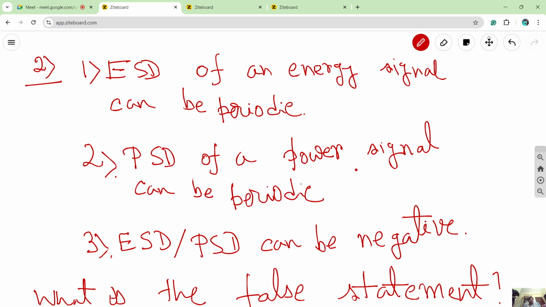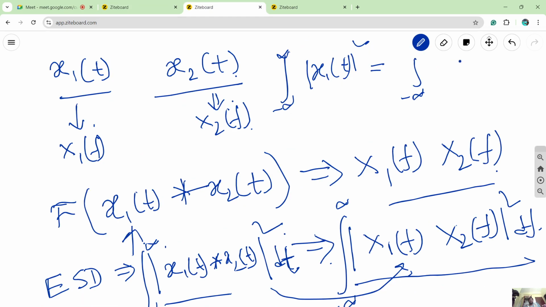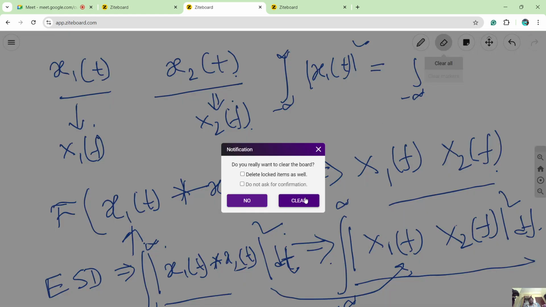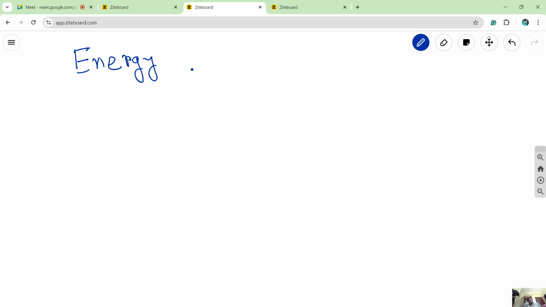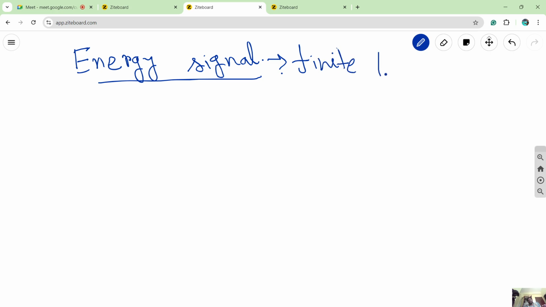So the first context is about energy signal. So remember that an energy signal is finite time limited, or it converges at infinity.